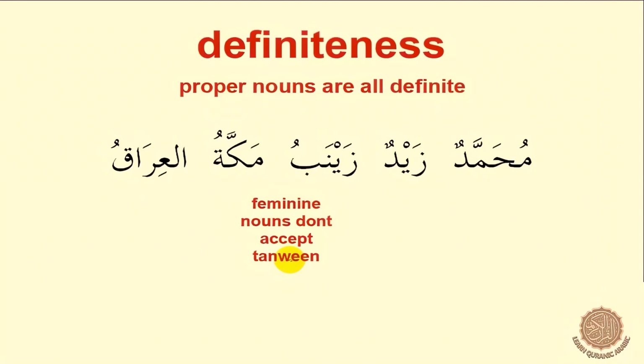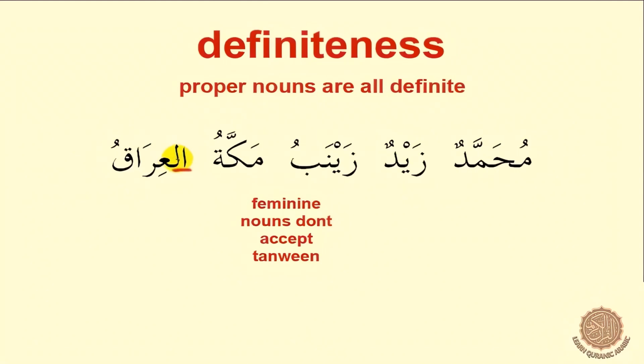And finally, we have al-Iraq. Notice a few things. There's the al here. And there's the dhamma. Now, there are a few things to note about this. Iraq is the country, and that's how it's written in Arabic, Al-Iraq. This alif lam is not a lam of definiteness. Because as we said, proper nouns are always definite. So it's not definite by the fact that it has this al. It's already definite. It's the name of a country.